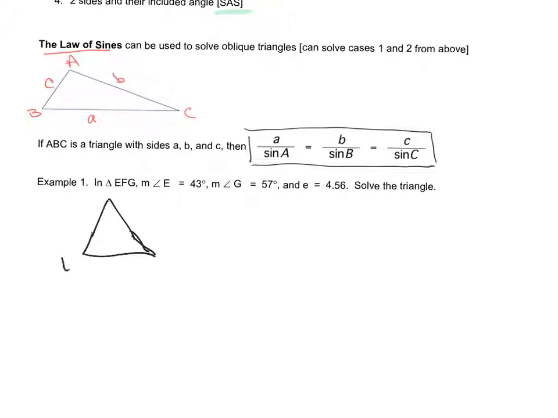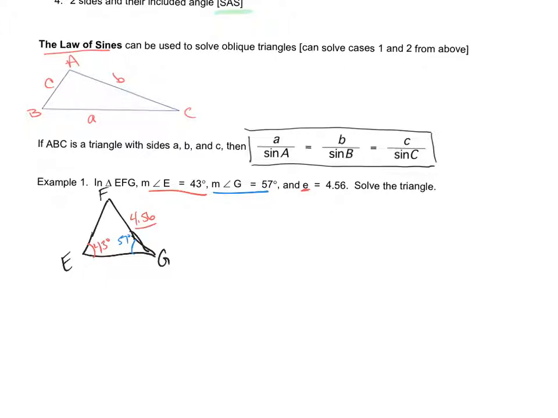But we're going to label our vertices, and those are going to be E, F, G. And we know that the measure of angle E equals 43 degrees. And we know that the measure of angle G equals 57 degrees. And we know that side e equals 4.56. Remember that if this is lowercase e, then it's going to be opposite my angle E, so it's over here.